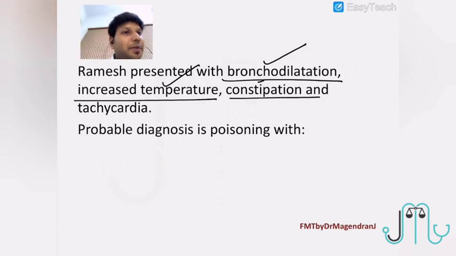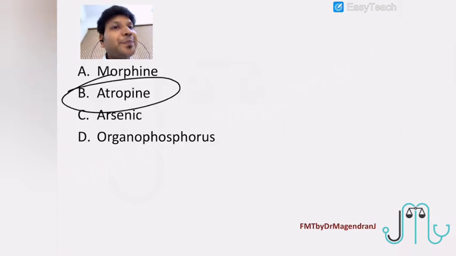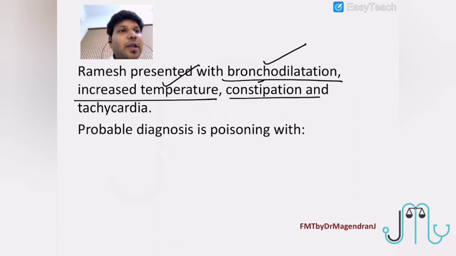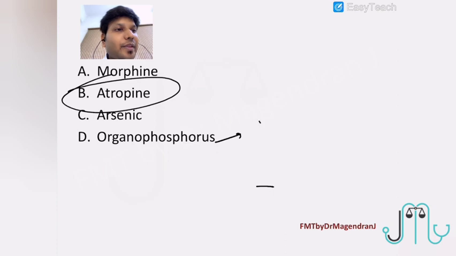There will be hypothermia, and there will be bronchospasm as well, right? In arsenic, we don't see such features. OPC poisoning, yes, in OPC poisoning we get bronchospasm, and again we get increased bowel sounds. The bowel motility, GIT motility, will be increased, and we'll also see bronchospasm.